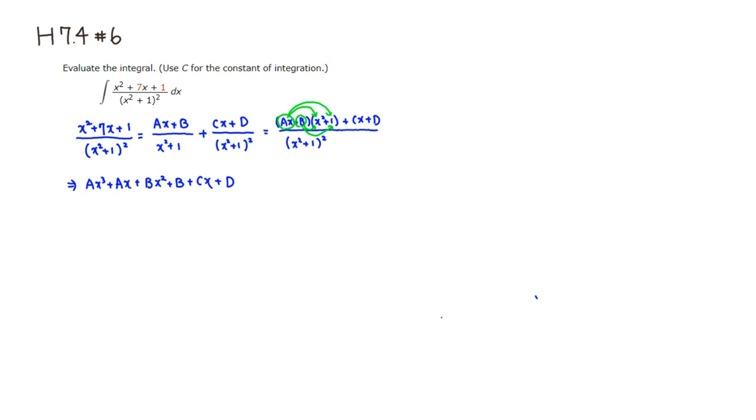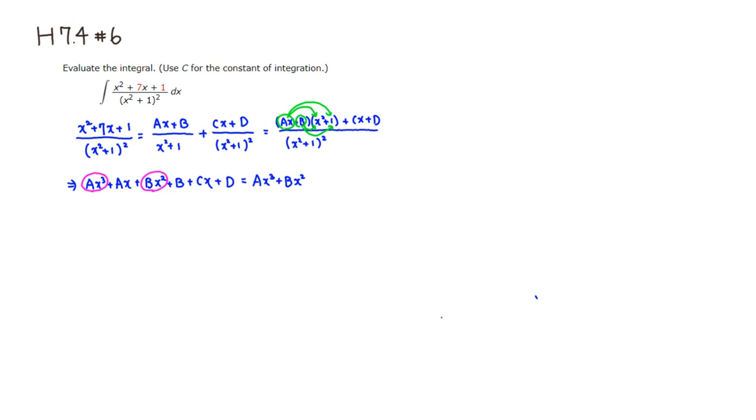So x cubed would be right here. So this is going to be just ax cubed. And the x squared term would be just this, so we have plus bx squared.